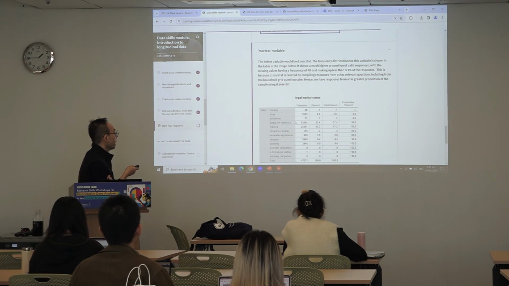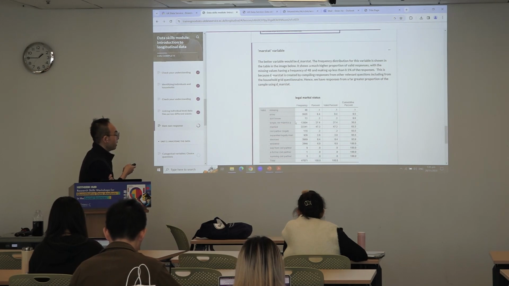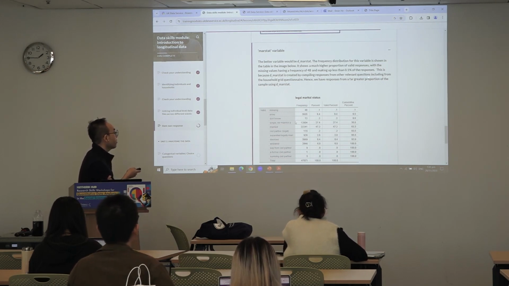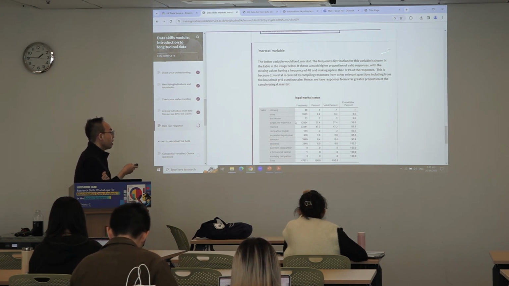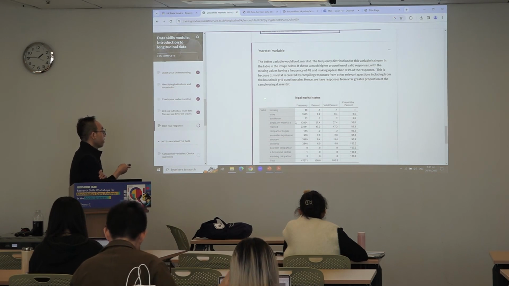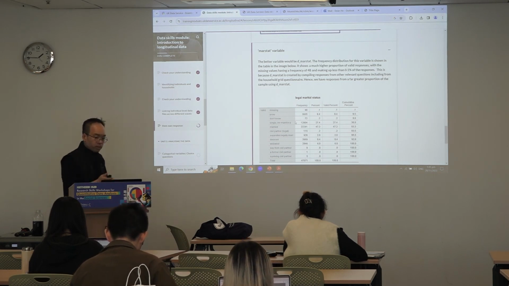Frequency of 48, and this is because this is wave 4. The prefix D means wave 4. This variable is created by compiling responses from other relevant questions, including from the household grid questionnaire. So you have responses from a far greater proportion of the sample using this particular variable.